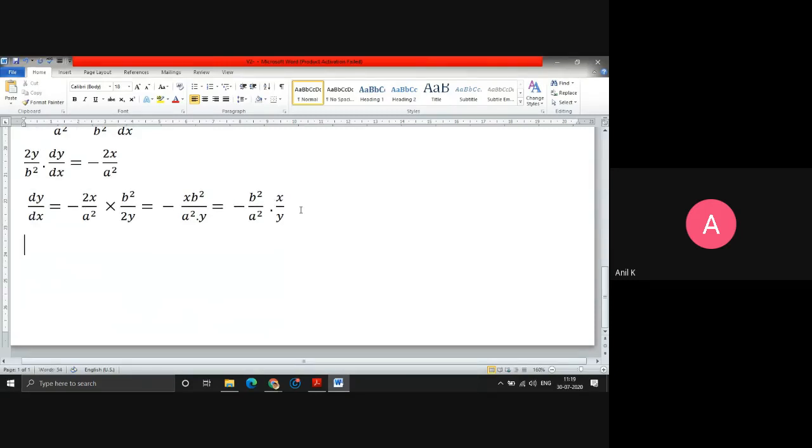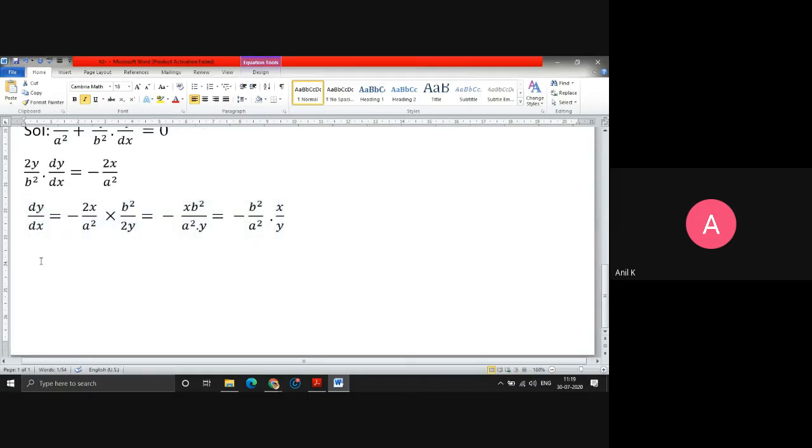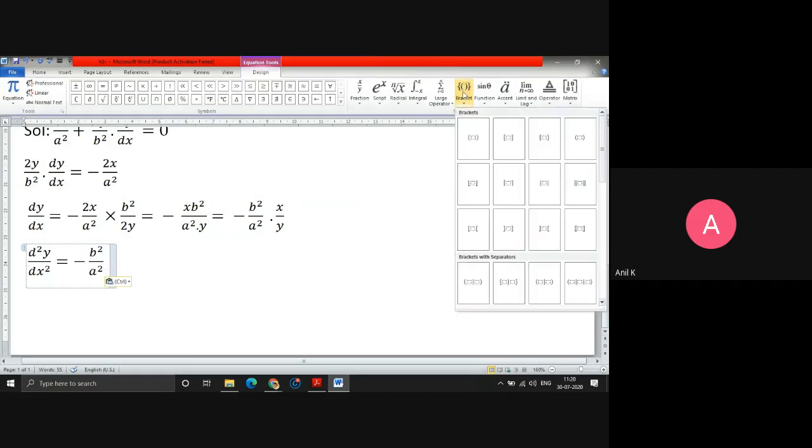Now I'll go for the second differentiation. What do you get in the second differentiation? Let me copy this term, easy for me to solve. d square y by dx square equals, this constant term will remain as it is. Now here I'll insert the bracket.